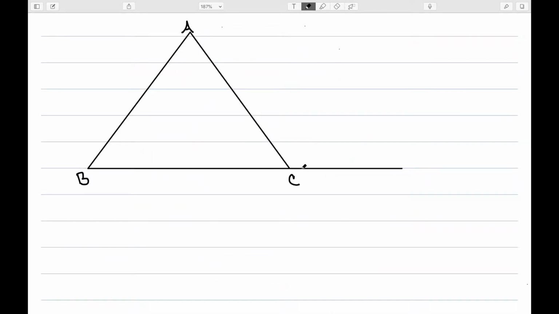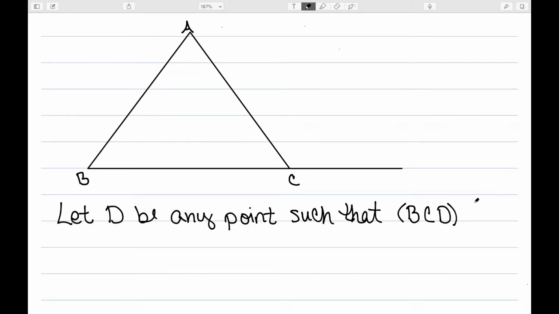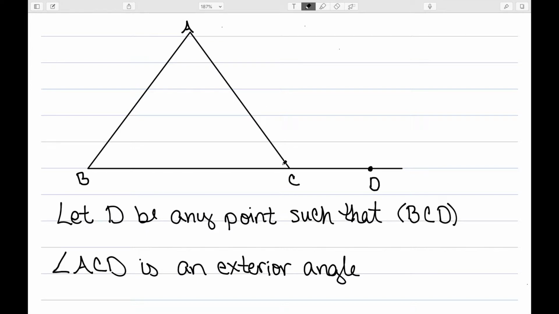Let's start by actually defining what an exterior angle is. The idea is we need to start with a triangle ABC, like this one here. We start by letting D be any point such that C is between B and D, so any point that's on this extended segment between B and C. Then this angle ACD right here is known as the exterior angle.